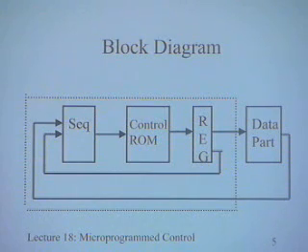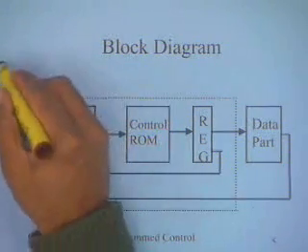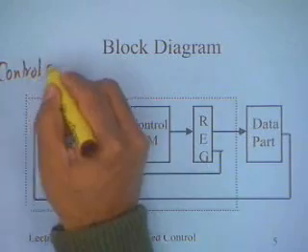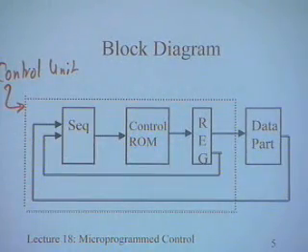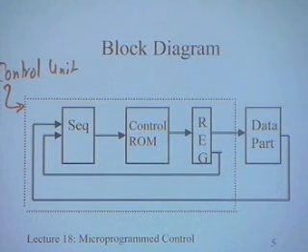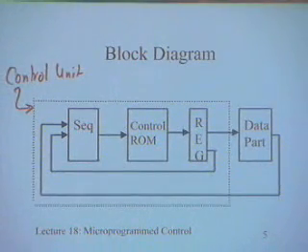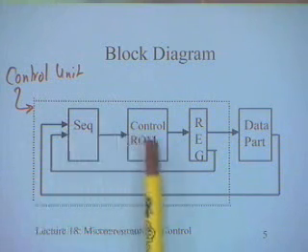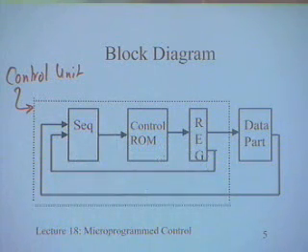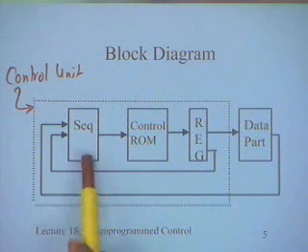What we generally call the control unit, this is the control unit. And this is the data unit. I have not gone into the details of the data unit. The advantage of this type of design approach primarily is that the control unit is structured. I typically have three components, structured in this manner.